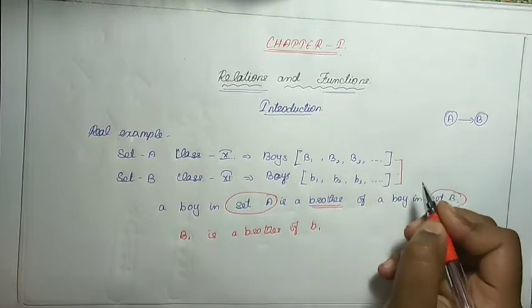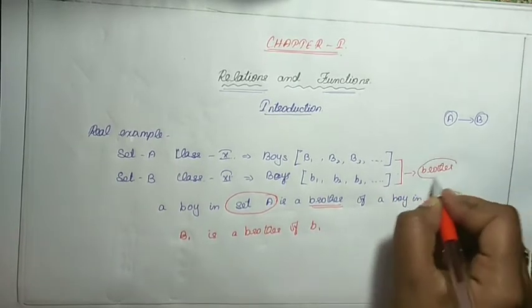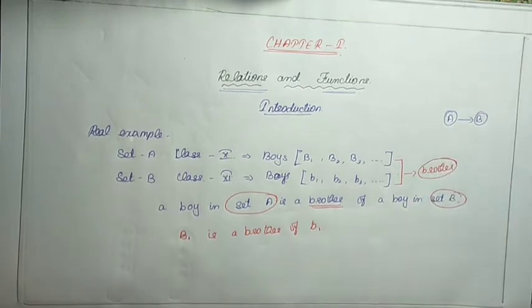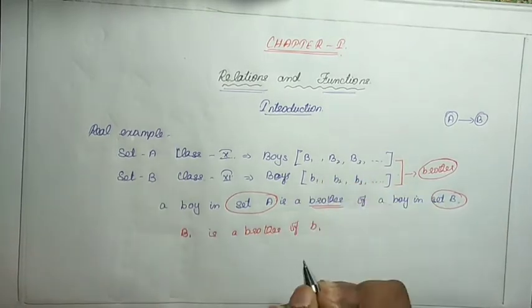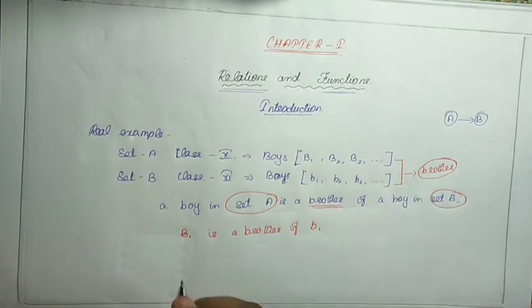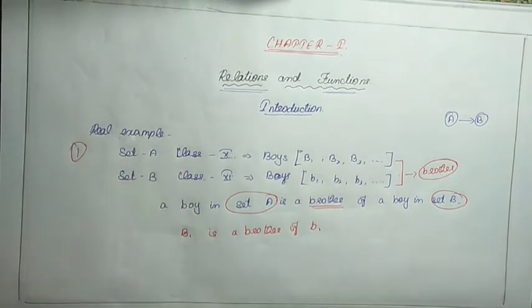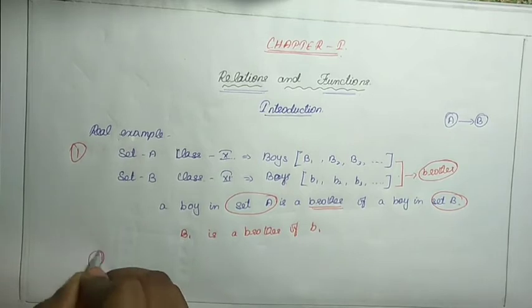So for these two sets, the relationship is the brother relationship. This is a common property, and since we don't know their names or any details, I can say anyone in set A is a brother of anyone in set B. This is what relation means: we are relating two given sets with a common property.